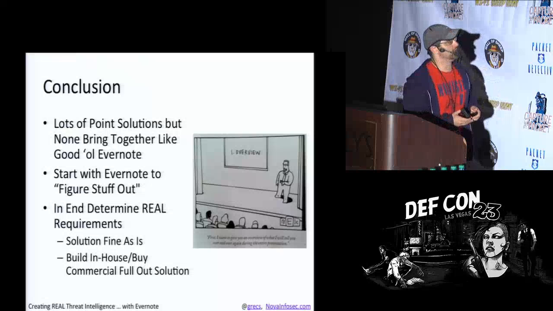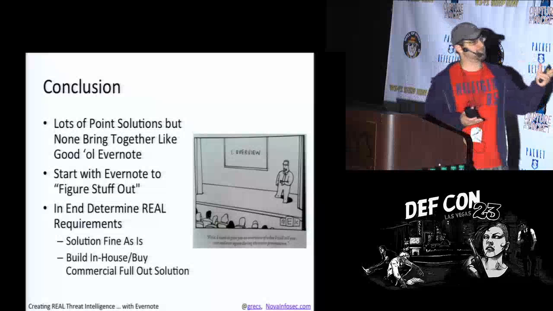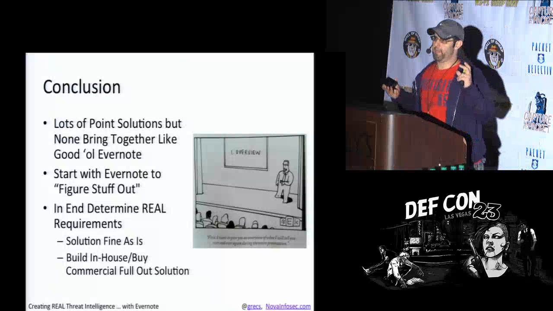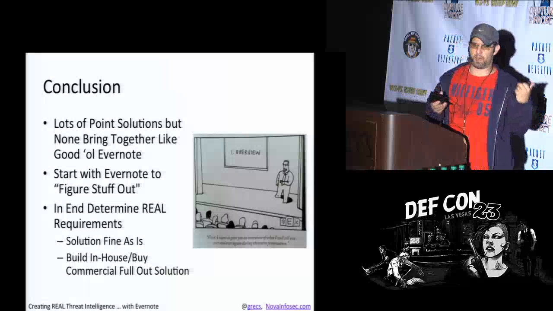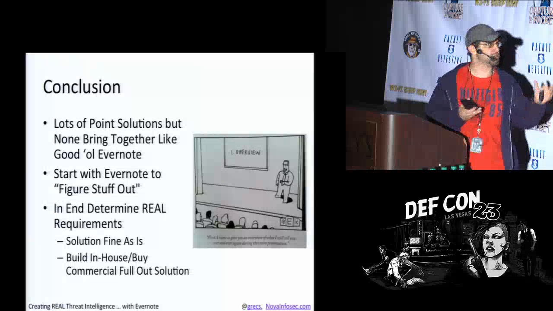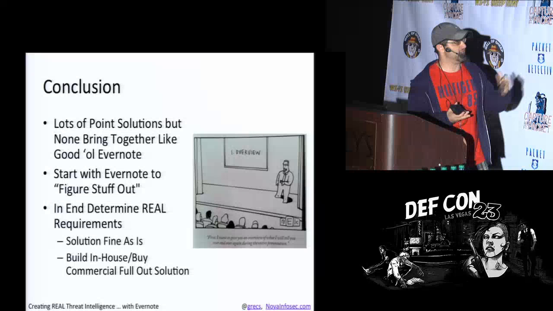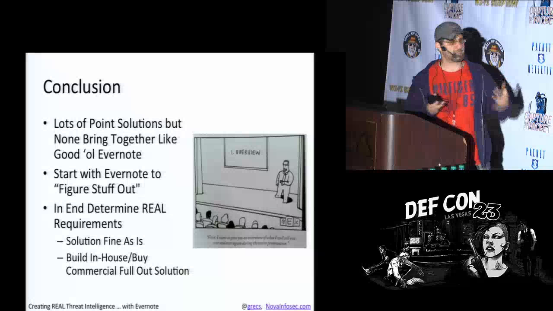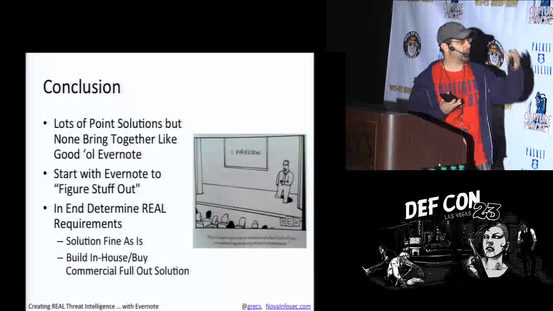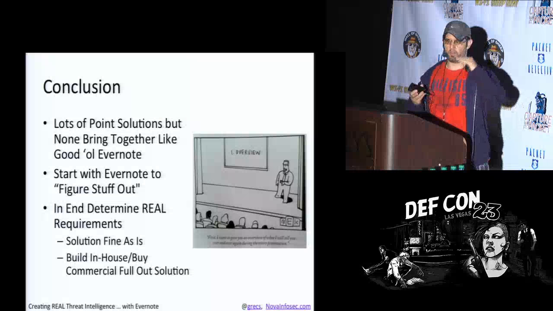So the one thing that I like to emphasize here is: don't just go out and buy the commercial product. Try to pilot stuff internally first. This Evernote example is something I did so that I could determine how I would do this and where the gaps are.